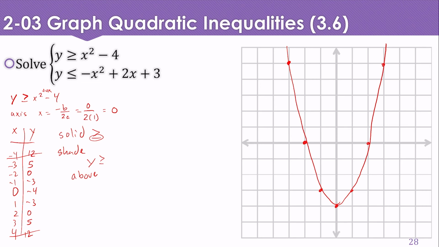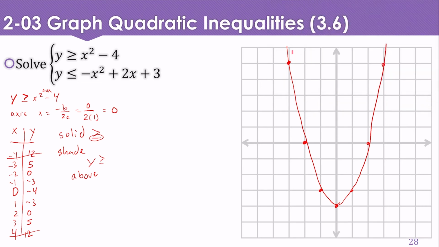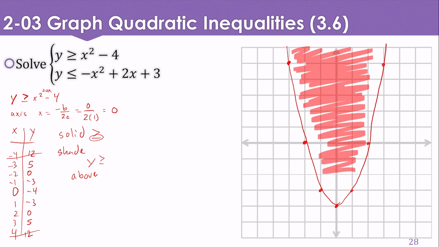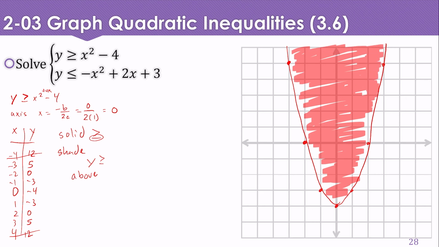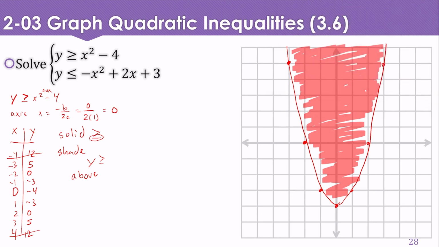And I'm actually going to grab a highlighter to do the shading. So I'm above the line here. Everywhere that's above the line. Good enough. All right, let's change colors to do the other one.